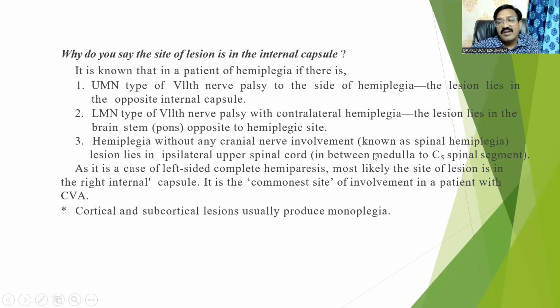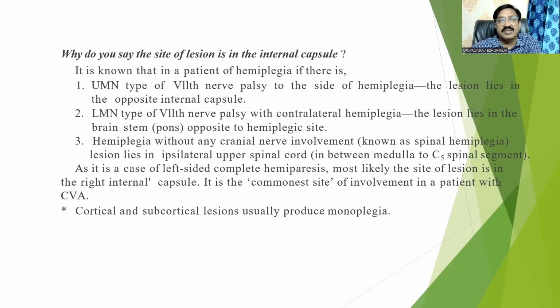Hemiplegia without cranial nerve involvement will be there in spinal hemiplegia. So I am ruling out spinal hemiplegia because there is cranial nerve involvement in this patient. I rule out brainstem because the patient doesn't have LMN type of facial nerve palsy. In a brainstem lesion like pons or medulla, the patient will have lower motor neuron type of palsy.